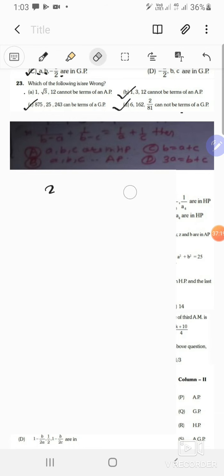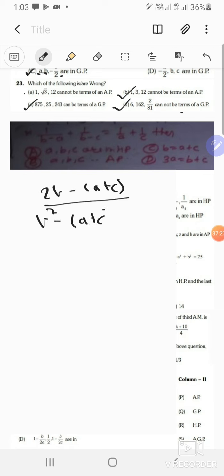So on the top you will get 2b minus of a plus c upon this thing, b squared minus a plus c into b plus ac, that should be equal to 1 upon a plus 1 upon c, which is nothing but a plus c upon ac.